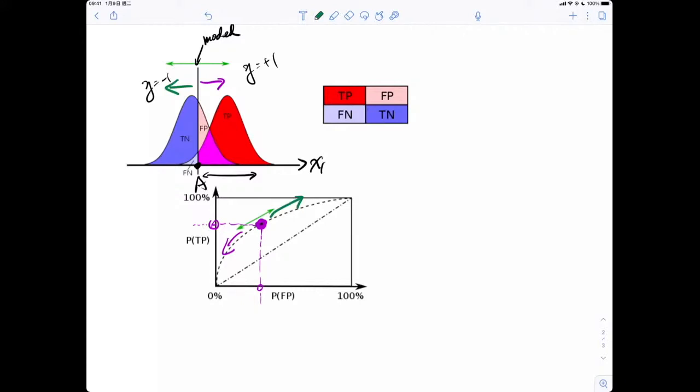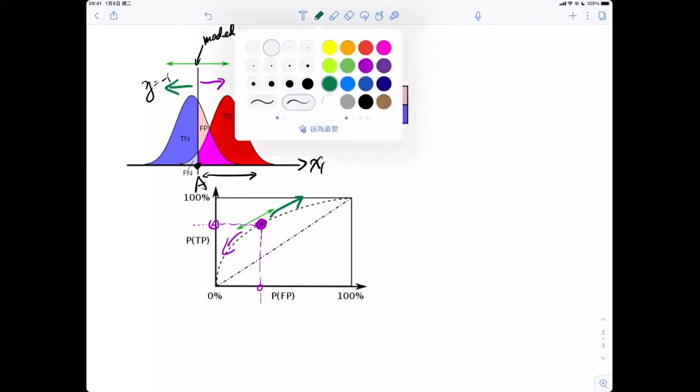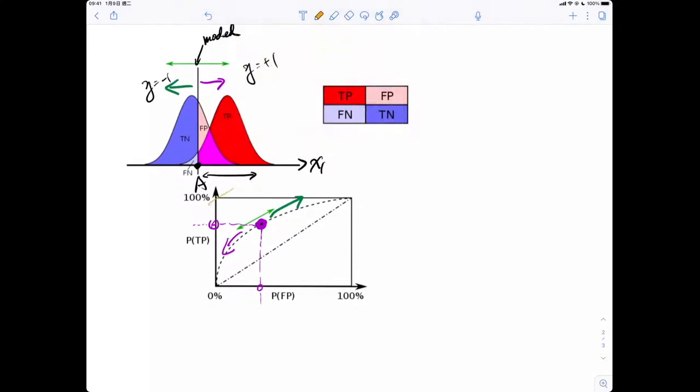So it really depends on your application. Usually, as I said, we select the data point which touches the diagonal line. We view it as a trade-off.